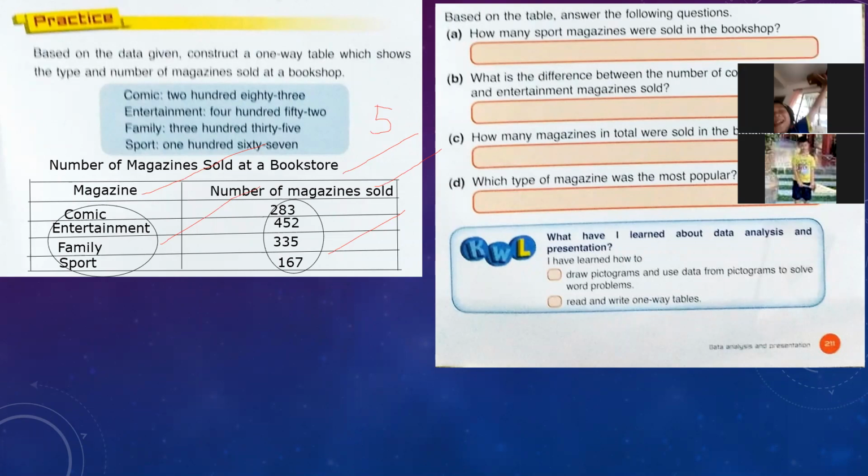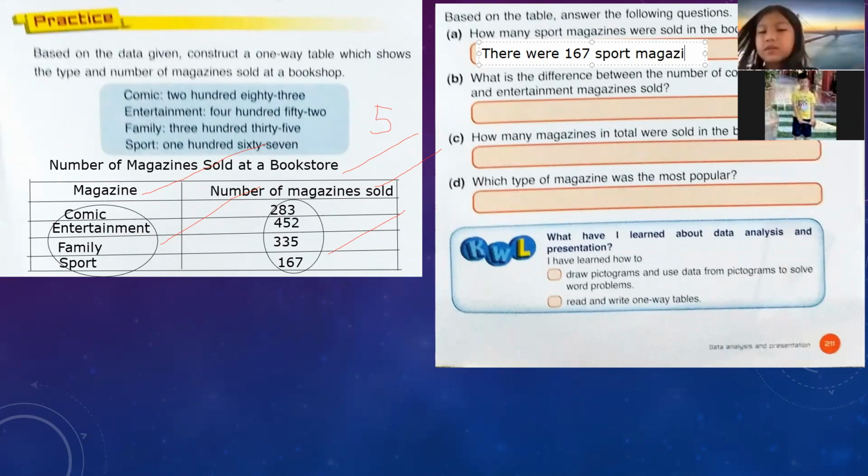167. Are you sure? Yes. Easy breezy. Okay, 167. But do not answer just 167. It's a short answer, so look at the blank. There were 167 sport magazines sold in the bookshop.